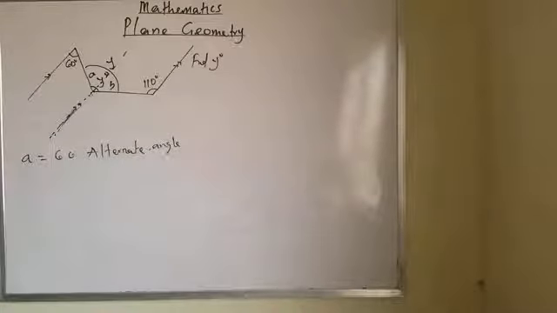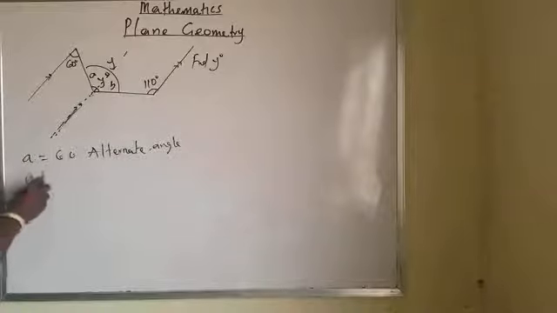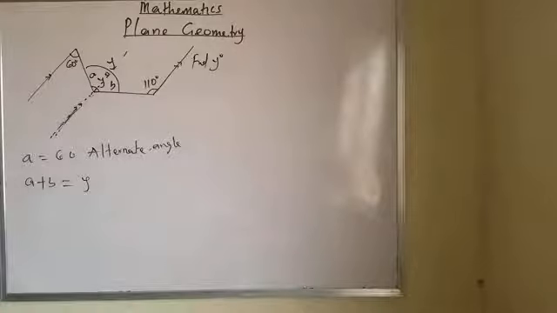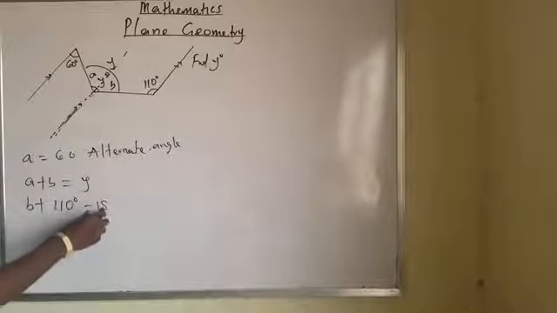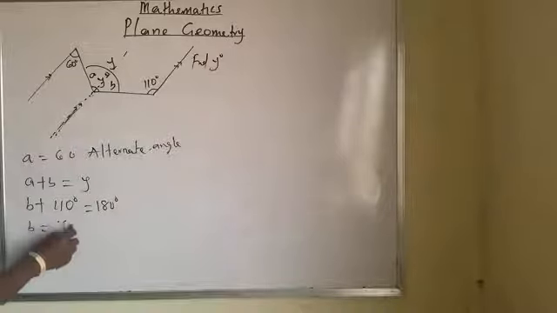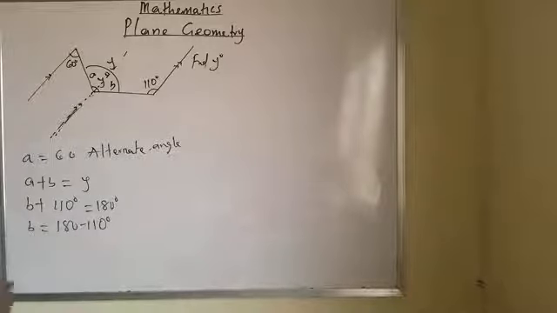Since I have that as 60, I can say that A plus B equals y. And I can say that B plus 110 equals 180 degrees. Since I know that is the case, my B equals 180 minus 110, which is 70 degrees.